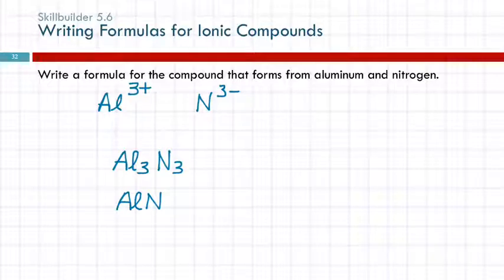The number is the same. So if we just push these 2 guys together, their charges add up to 0. So we could just write Al, N, and then we don't need to worry about reducing the ratio. But you can crisscross and then recognize that you need to reduce the ratio.